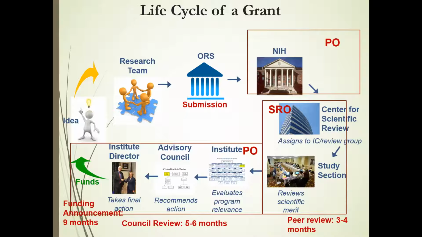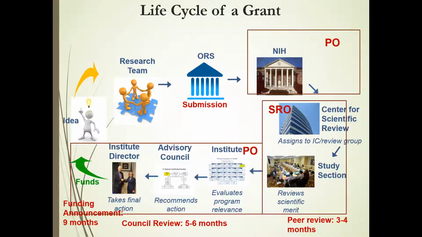The council review is when the ratings and everything go back to the institute that's going to provide the funding, and they look at how the particular submissions are relevant to the programs that are providing the funding. The program officer helps massage it through this process.